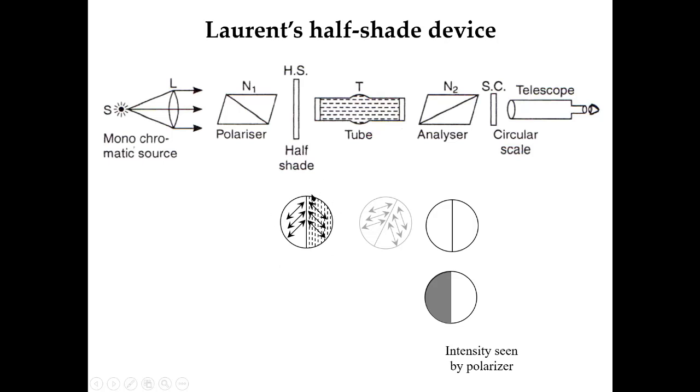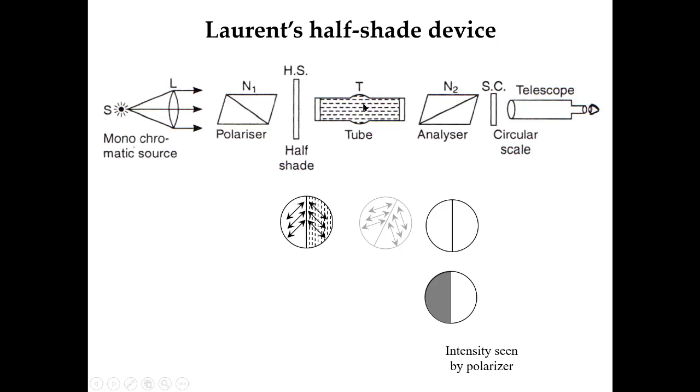So all these components of light are rotated by some angle. So this is the situation at the right end of the tube. But the analyzer is placed in the older situation only. And in this case, these vibrations will show the high intensity and these vibrations will show the lower intensity.